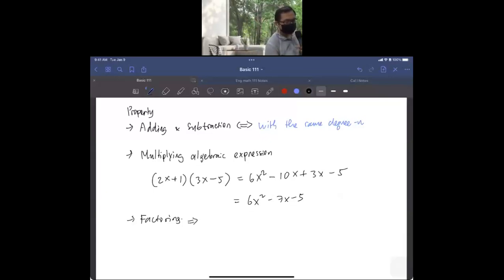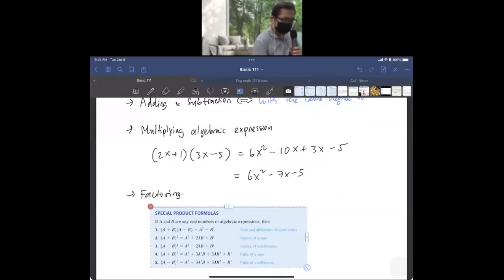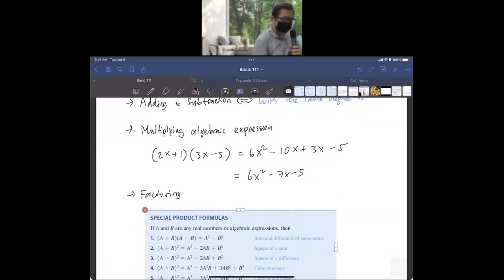Factoring means from a polynomial, or maybe later I will explain. Let me just add some terms that are important here: special product formulas.